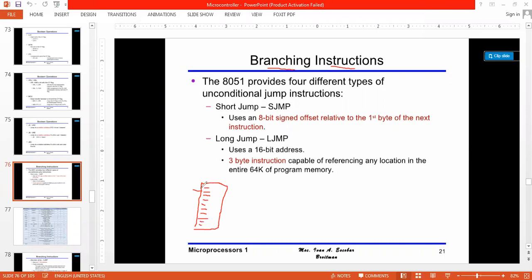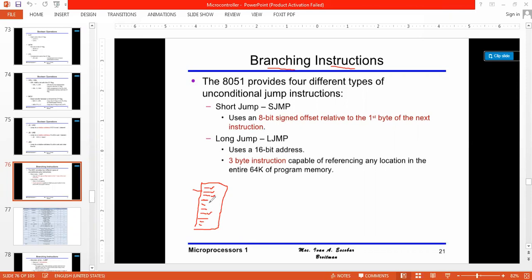Okay. I am executing the first instruction. Second instruction is going to be executed. Third instruction is going to be executed. After the third instruction, I have to execute the seventh instruction.